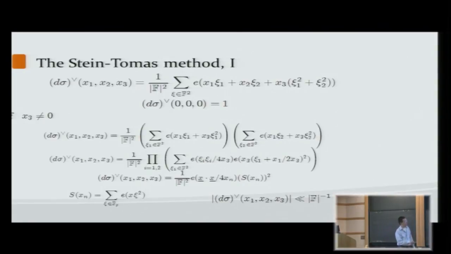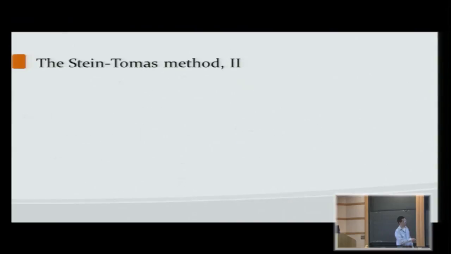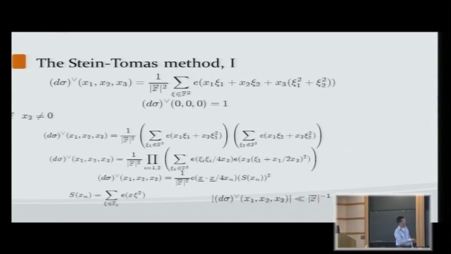If you insert this into here, this is going to be of size the square root of p, and when I square that, it's going to be p. So this is going to be 1 over p, because I get a p from this term right here, and this is a p squared in the denominator.